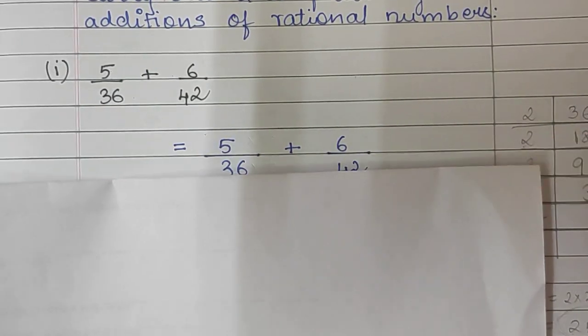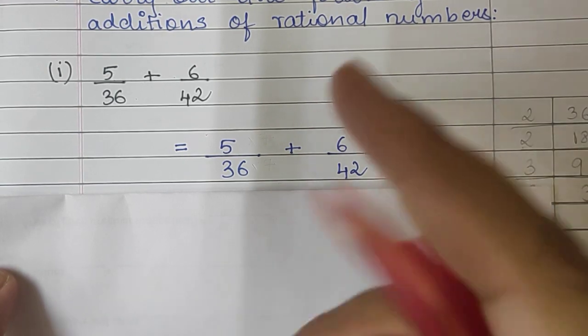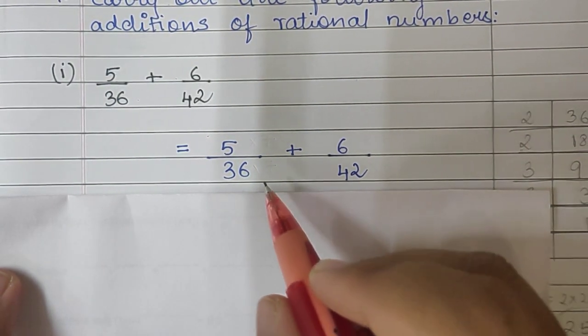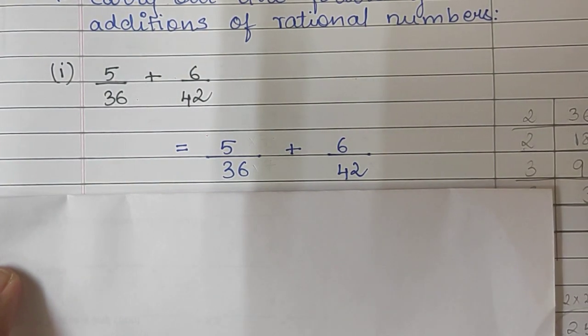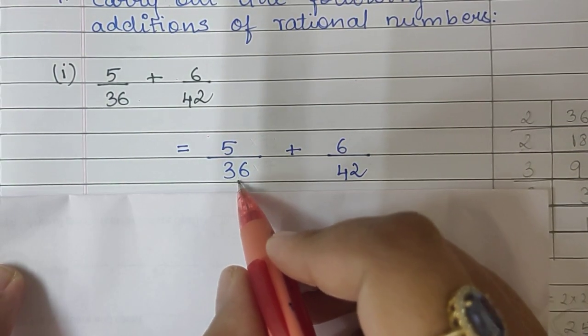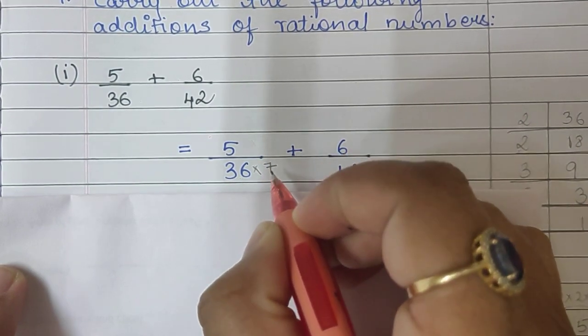Now I'll go back to my sum. I have copied down the sum as it is. Now the LCM was 252 here. To make 36 into 252, we will have to multiply it by 7.